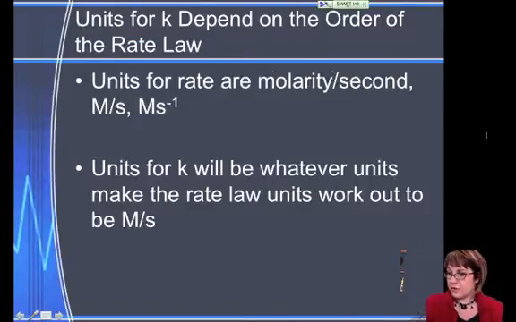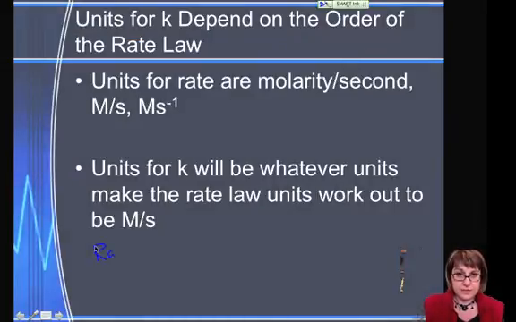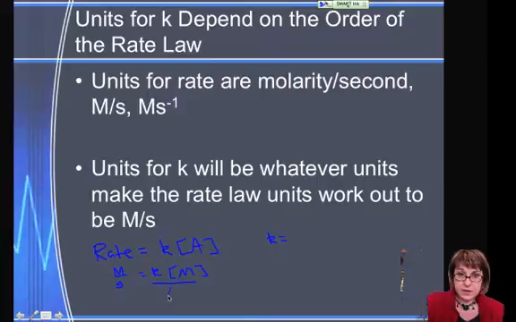So in a case where we have rate is equal to K times the concentration of A, this is a first order rate law, right? Where these units are moles per liter per second, and the concentration of A is going to be moles per liter, then the units for K are going to have to be, let's divide by moles per liter on both sides.